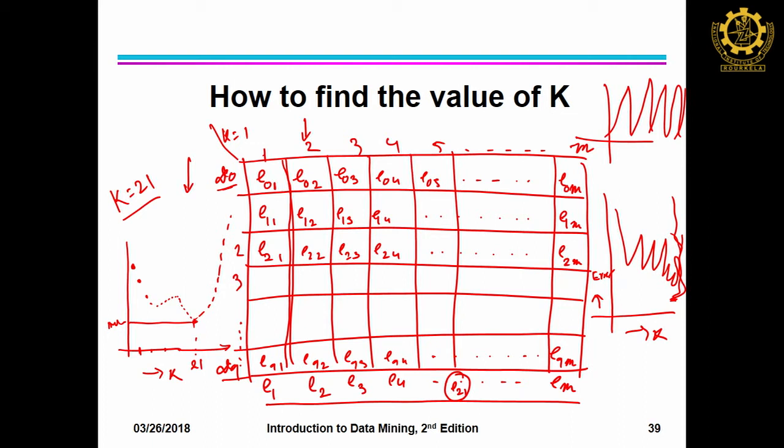Your training data set is having some problem, so you have to use some other training data set. So, this is all about how to choose the right value of k if you want to apply the k nearest neighbor classifier.